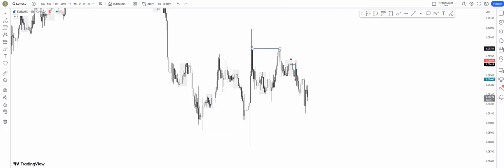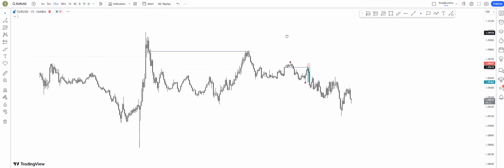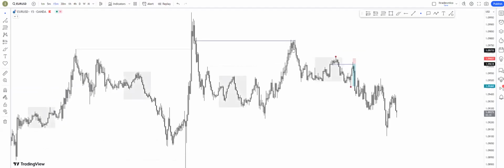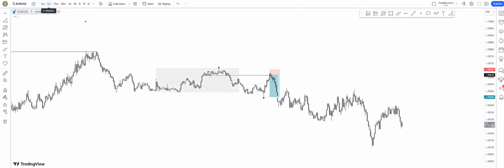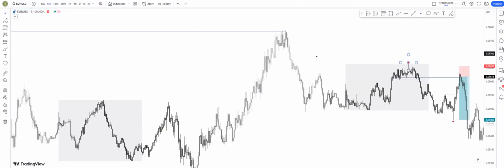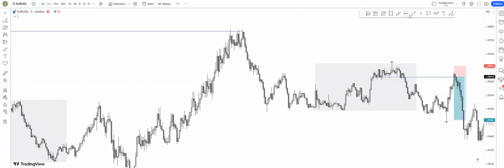So price came here right before Asia opened, and we can see a nice reaction, right? This is currently very late, so we shouldn't be trading right here. And we can see the price also ran out liquidity right here and took out structure.